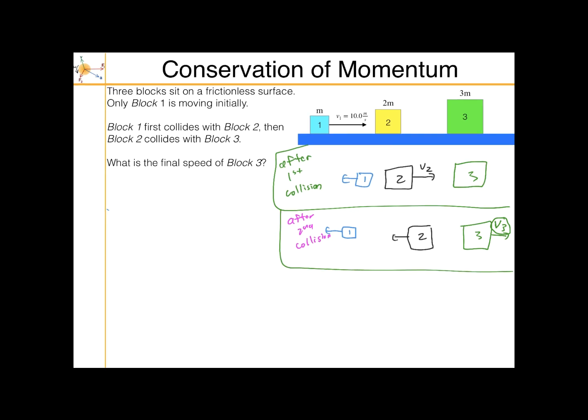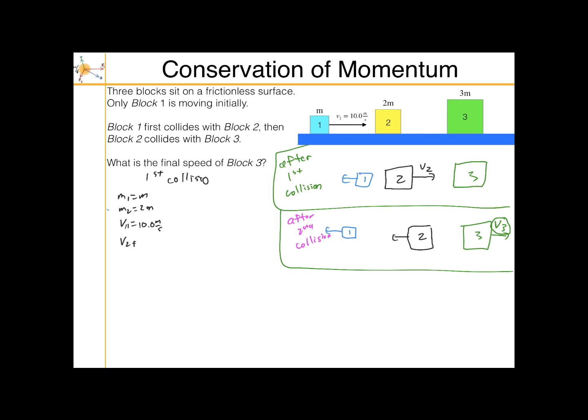So let's do the first collision. For the first collision, m1 is just m, m2 is 2m. The velocity of 1 is 10 meters per second. And we just want to find the velocity of 2 after the collision.